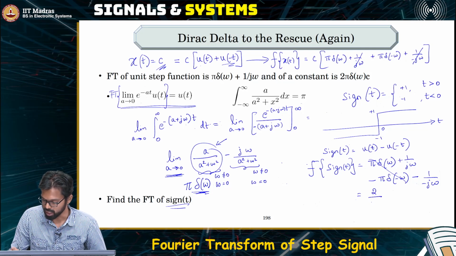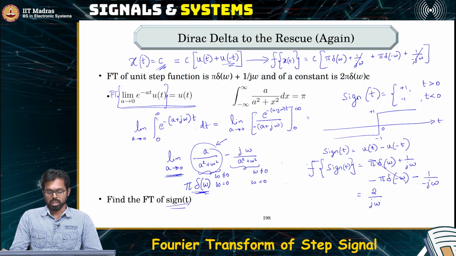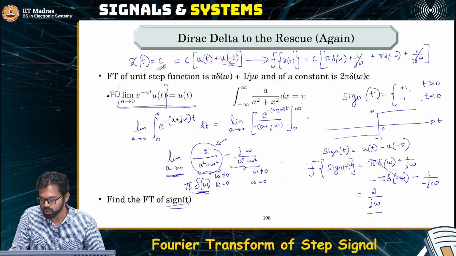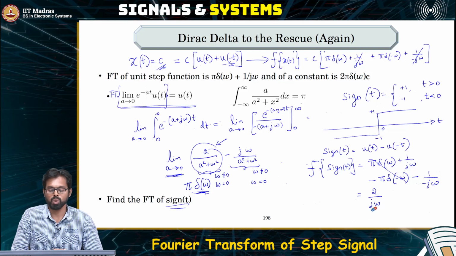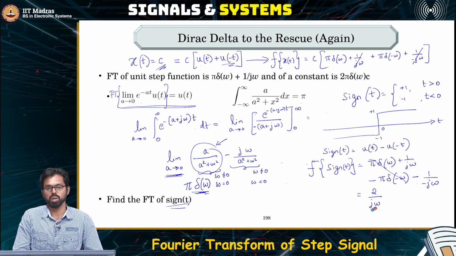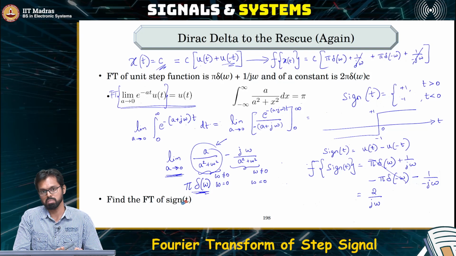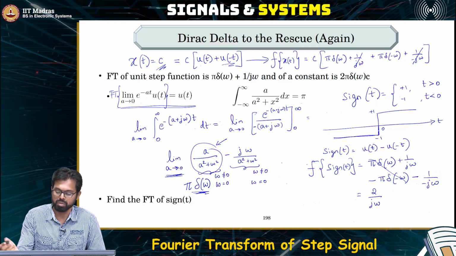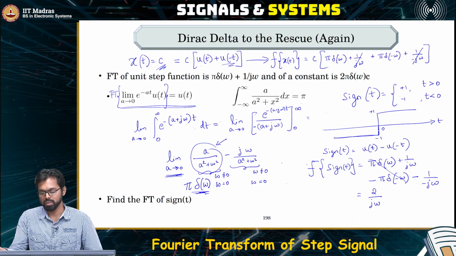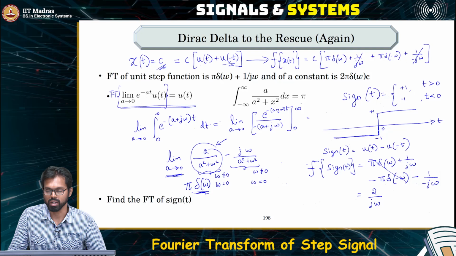So you get 2 by j omega. So a Signum function also behaves like a low pass filter. Not only is the unit step function a low pass filter, but the Signum function is also a low pass filter. But we do not use the Signum function simply because, of course, it is not causal. There are non-zero values for the negative values of time also. So even though it is a low pass filter, it is non-causal. So we don't bother about that in real life.